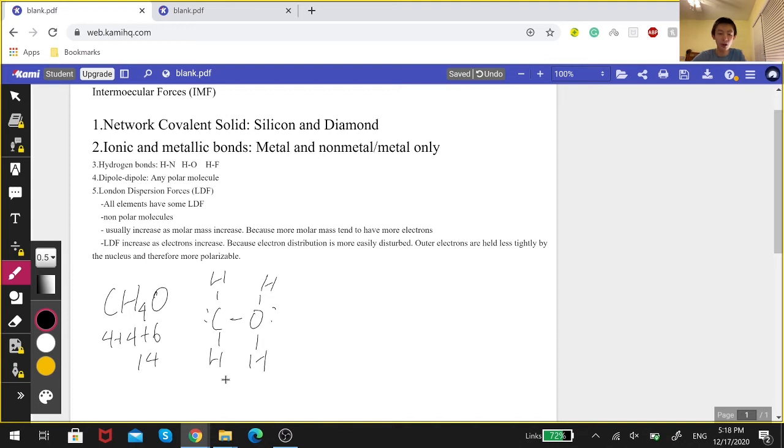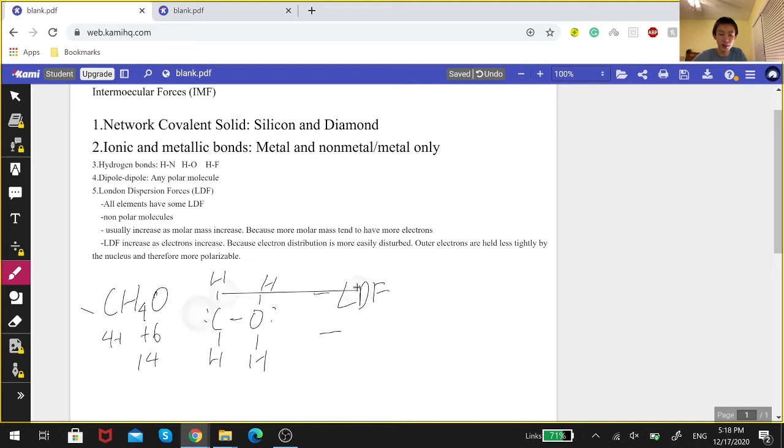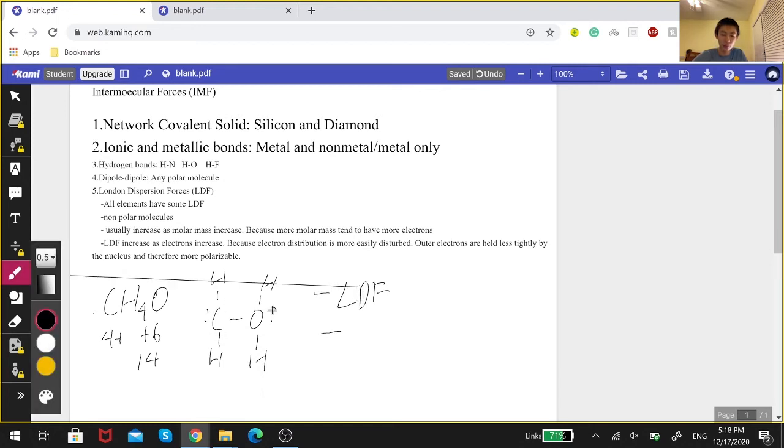Now let's see. All elements have LDF, so this definitely has LDF. Second, does it have dipole-dipole? Is this a polar molecule? It is a polar molecule, from these dipoles over here, so this one will have dipole-dipole intermolecular forces as well.